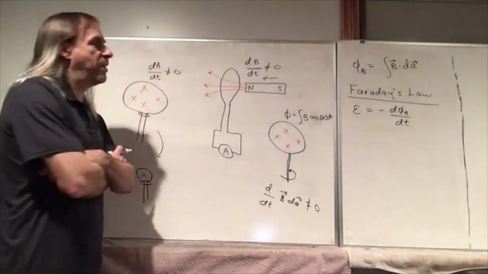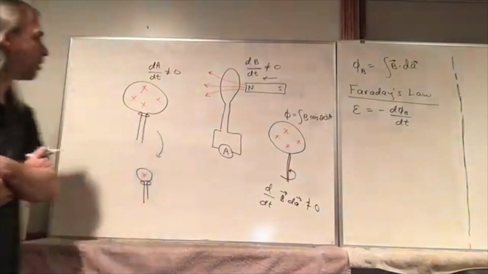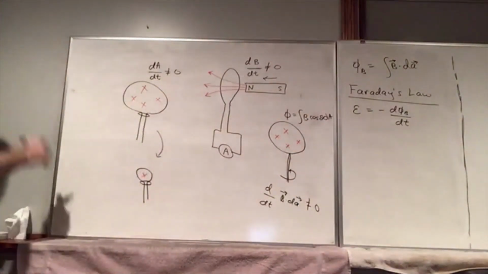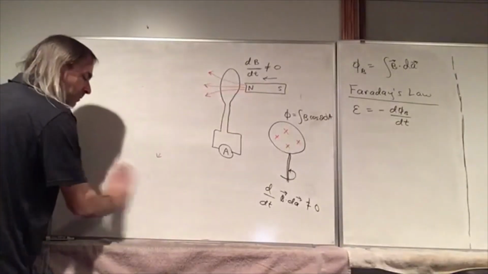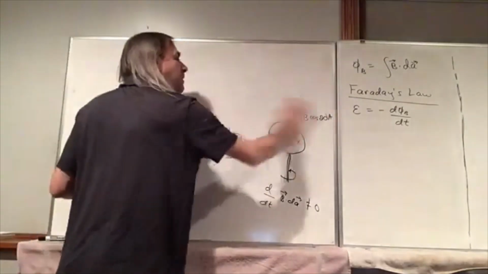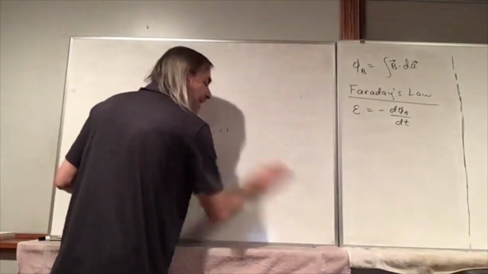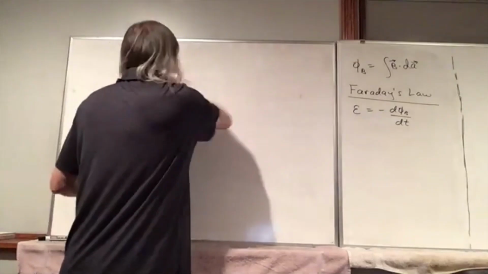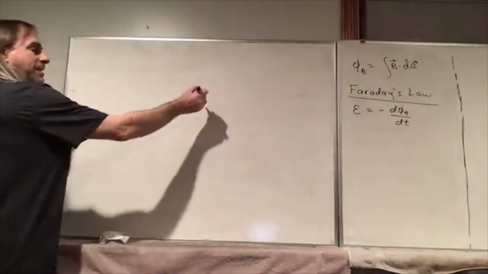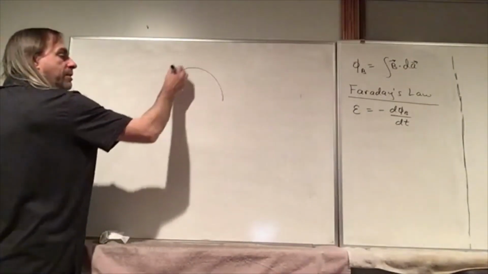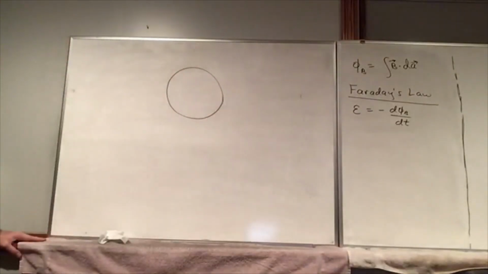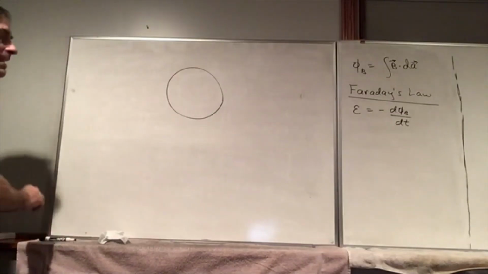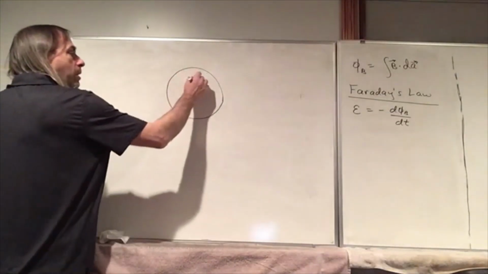We can ask the question of what direction the current is going to be. So let's actually examine that in one case. I think it would be easiest if we look at a changing magnetic field. So let's say we have a loop of some conducting material. It could just be a wire that's in a circle. And let's say we have a magnetic field into the board.